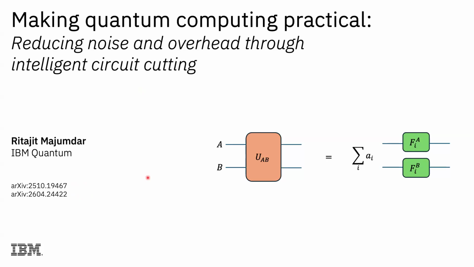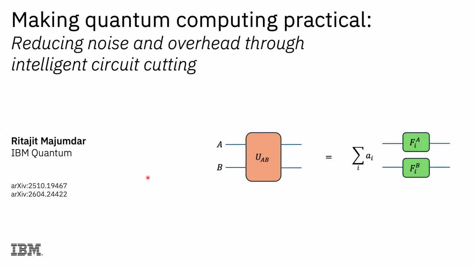The primary goal, as you see from the title of this talk, is making quantum computing practical. As I will show very quickly, circuit cutting has a lot of potential, but it is also a bit complicated given the overhead that it brings. It brings an exponential overhead, which makes circuit cutting infeasible for most circuits that we encounter.